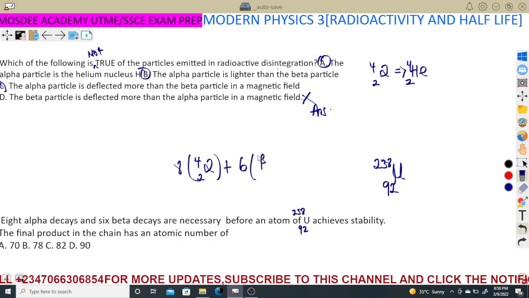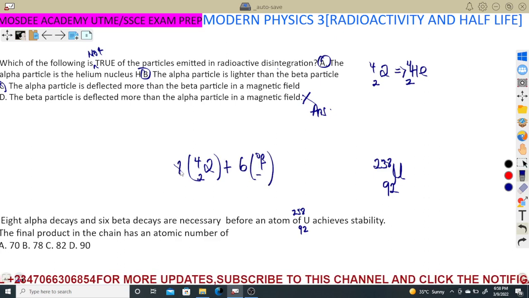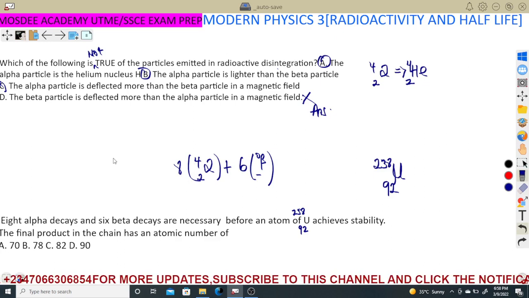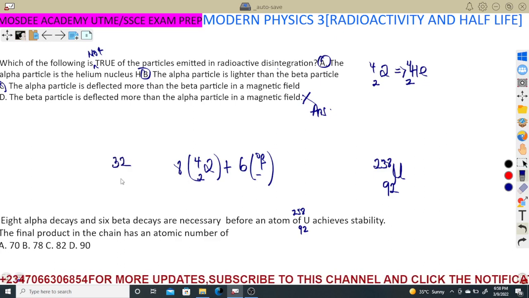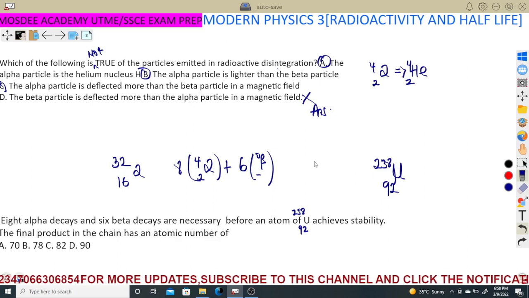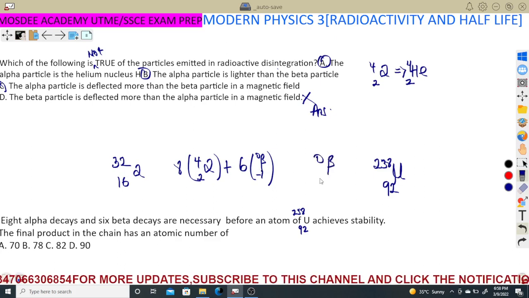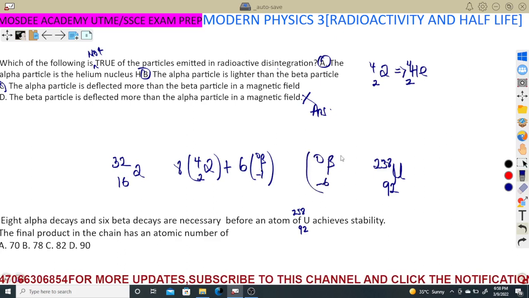Beta we write as 0, -1. You know what 8 of this means? The mass number is decreased by 8 times 4, that is 32. 8 times 2 is 16 for the alpha particles. And for beta, 6 times 0 is 0. 6 times -1 will be -6. So let's do it one by one.